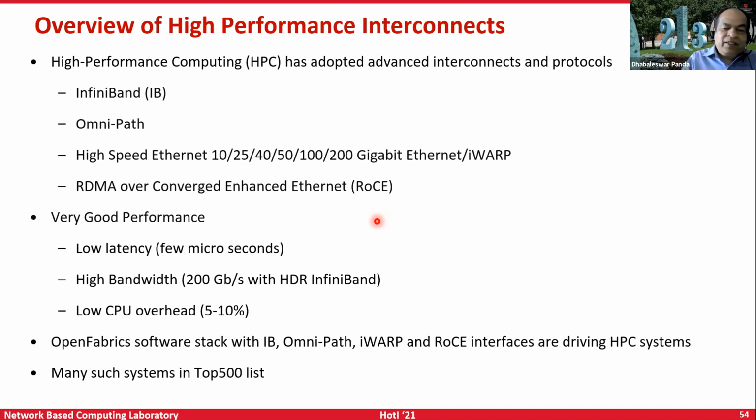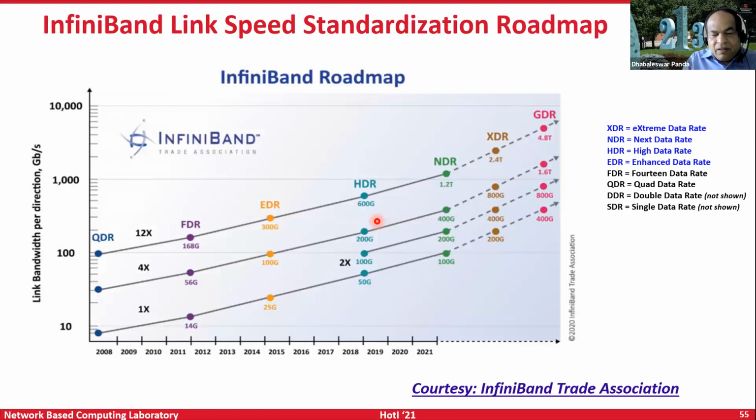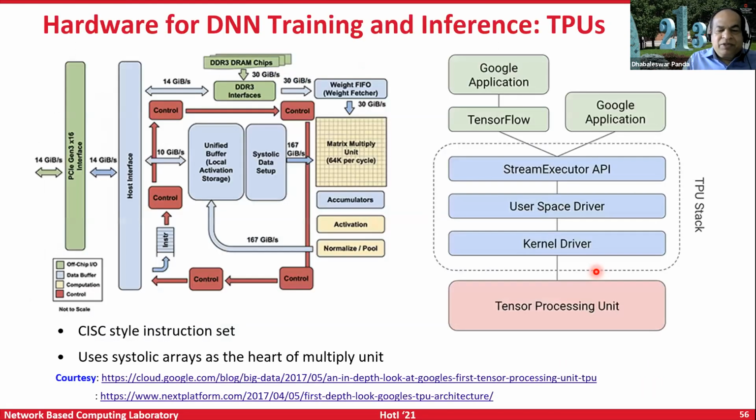We'll go into the details of all the technologies, protocols, InfiniBand, OmniPath, Tofu, and all the networking technologies available. Here is a quick roadmap for one of the networks, InfiniBand. We are at HDR, but NDR has been proposed, which is 400, 800, 1.6 terabits per second. All these technologies are there in the future.